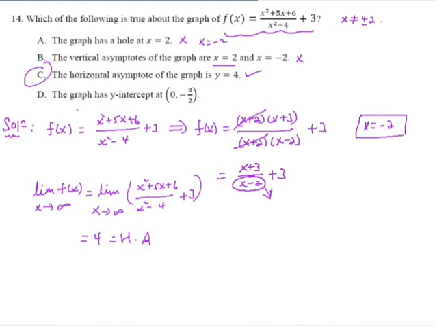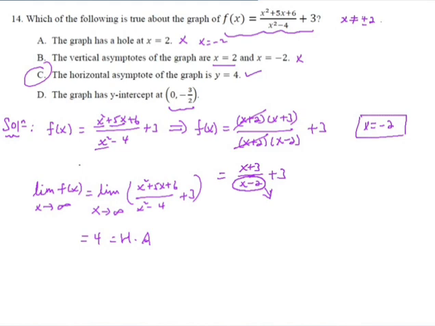Let's check D. D should be false. The graph has a y-intercept at (0, 3 over 2)? The y-intercept is obtained at x equals 0. So make x equals 0 here. This thing will be eliminated.